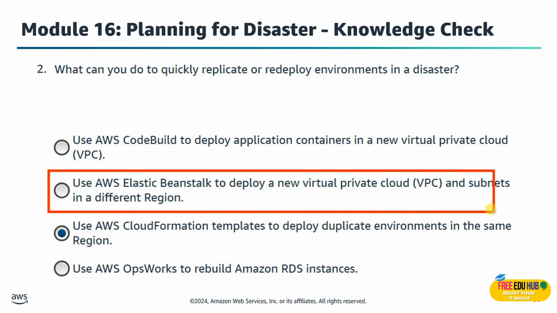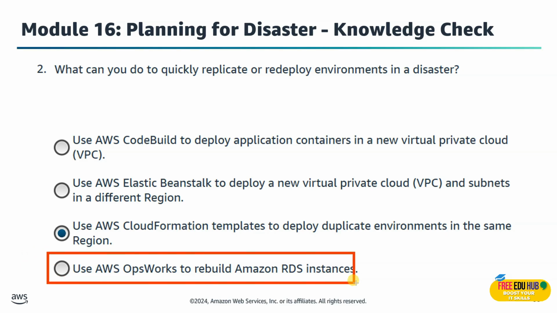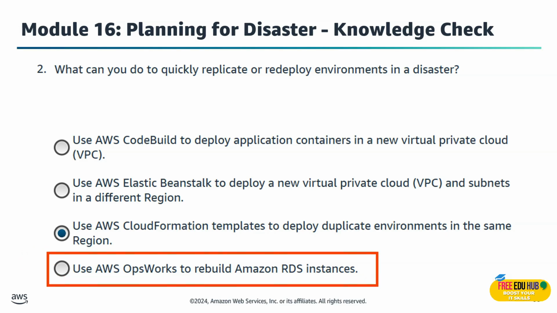The other answer, Elastic Beanstalk to deploy a new VPC and subnets in a different region, is also not right because Beanstalk focuses on app platforms, not full VPC subnet DR topologies. And we didn't select the option for AWS OpsWorks to rebuild the Amazon RDS instance, because OpsWorks manages stacks and is not meant for rapid holistic environment replication.